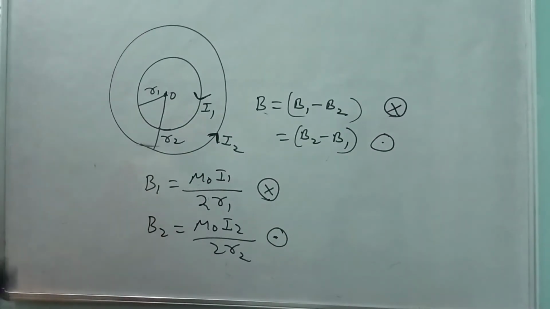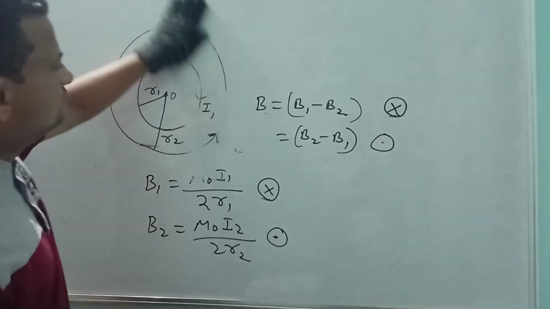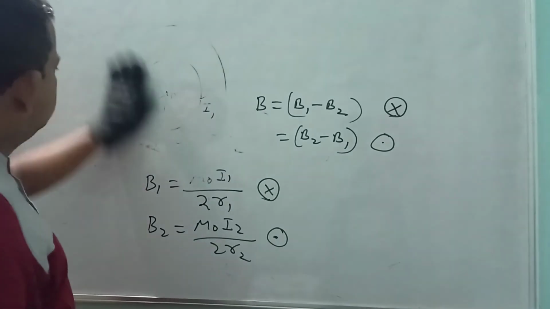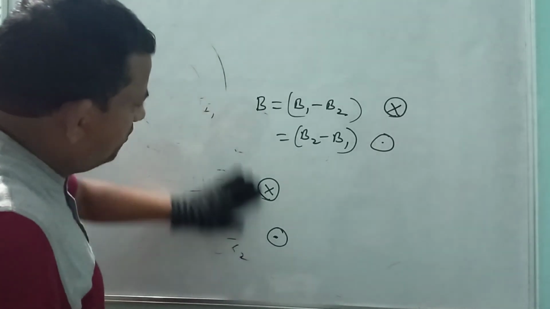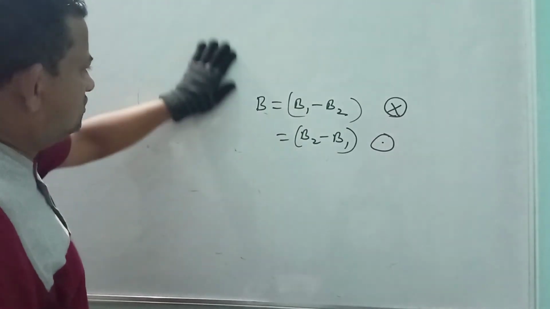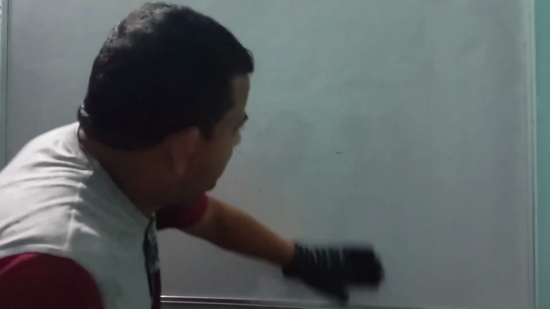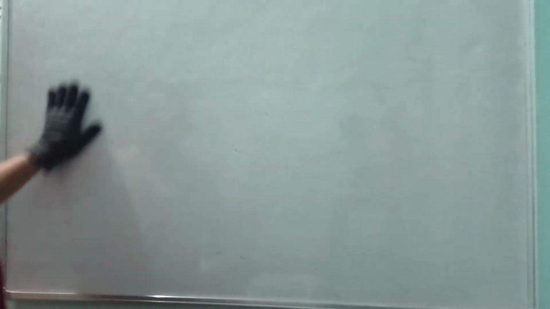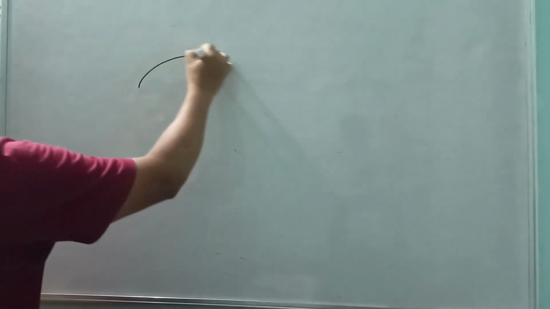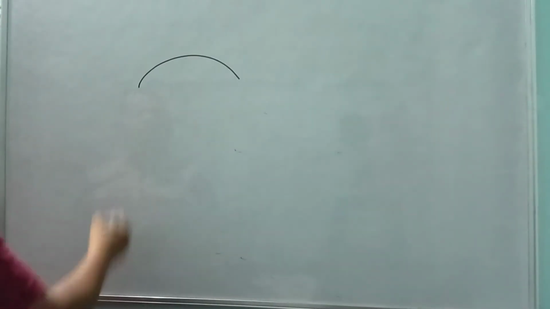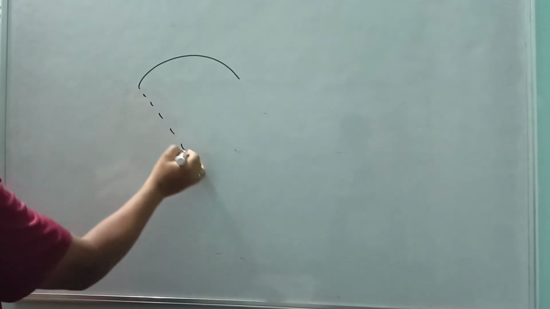So this is one type of solution to find the magnetic field for concentric circles. Now if we consider it like this, suppose this is an arc. Here is a straight conductor like this.